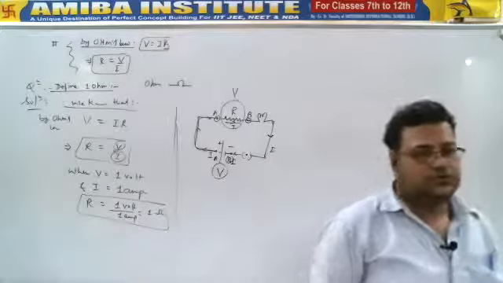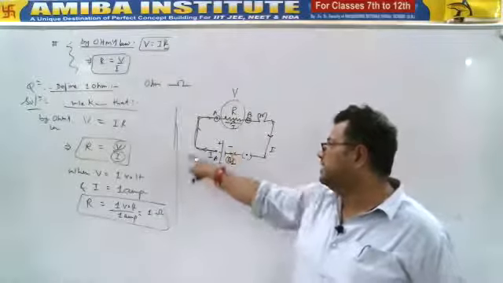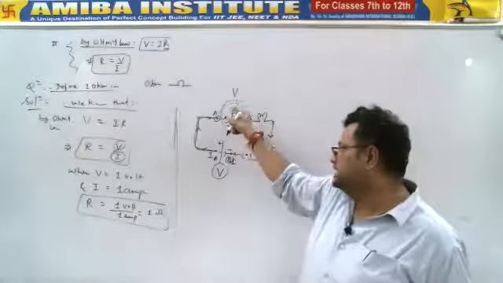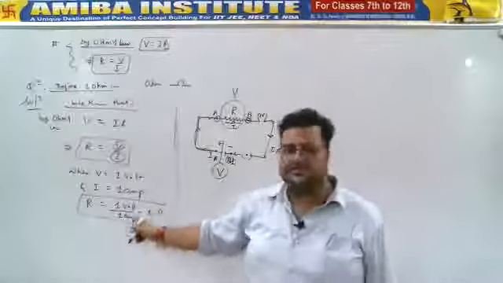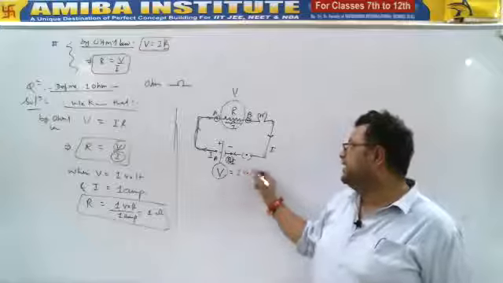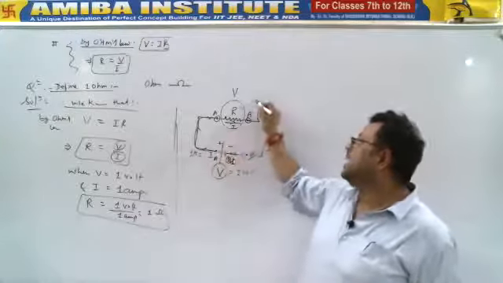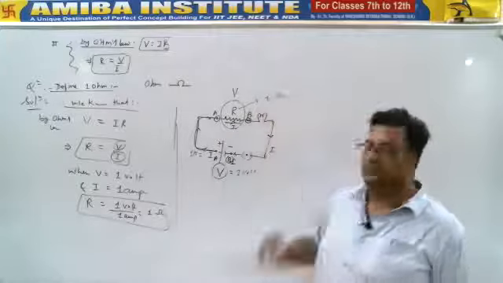V volt. So whenever a V volt battery is applied, through which current I is passing, and this is resistance R, how can we define it in this formula? If V is equal to 1 volt and I is equal to 1 ampere, then R should be 1 ohm.